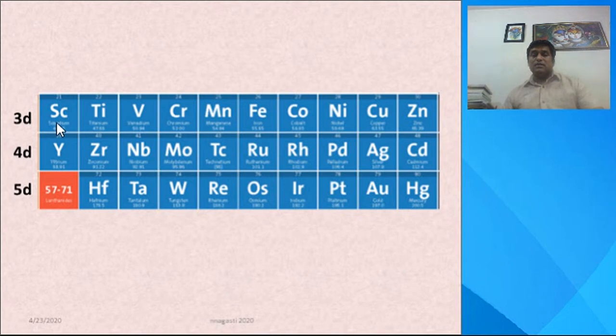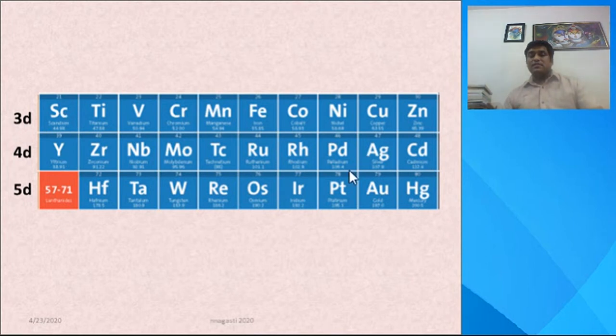Based on the type of orbital in which outermost electrons of these D block elements are located, we can name these series of elements as 3D, 4D and 5D. 3D means in this series of elements, the outermost electrons are located in 3D orbitals.